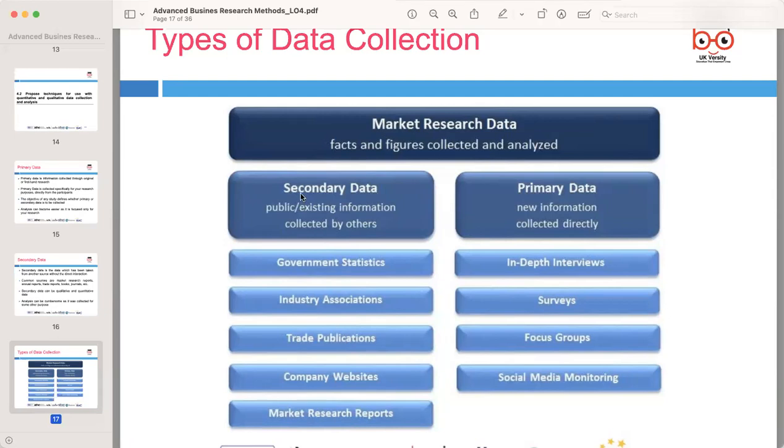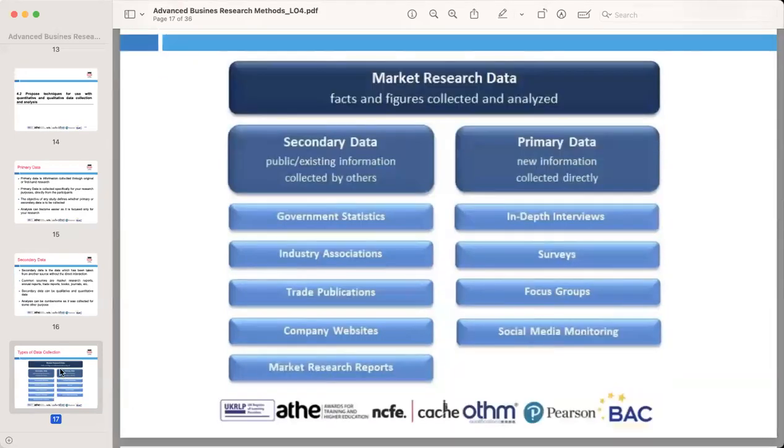So this data is always available. Let's say you are working for a company, this information is available there always. But this is your own work, primary data: in-depth interviews, your surveys, focus groups, social media monitoring. Okay, thank you. It's pretty clear now.